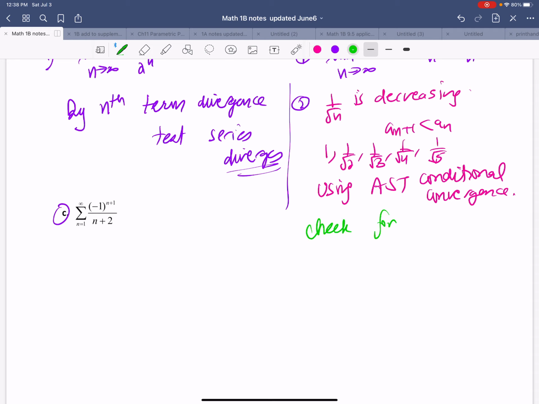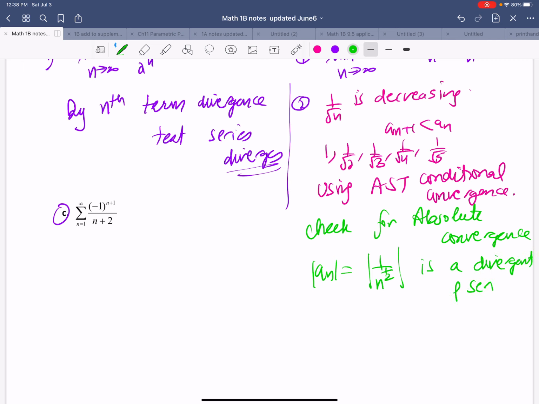For absolute convergence, the absolute value of a_n would be 1 over n to the power 1/2. This is a divergent p-series, because your p-value is 1/2, which is less than 1.